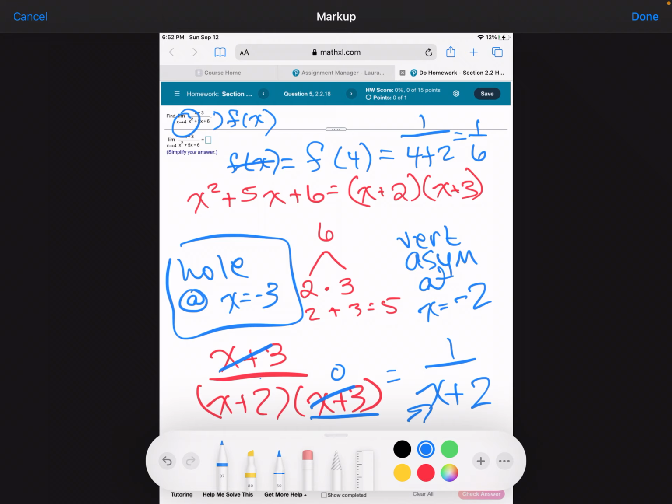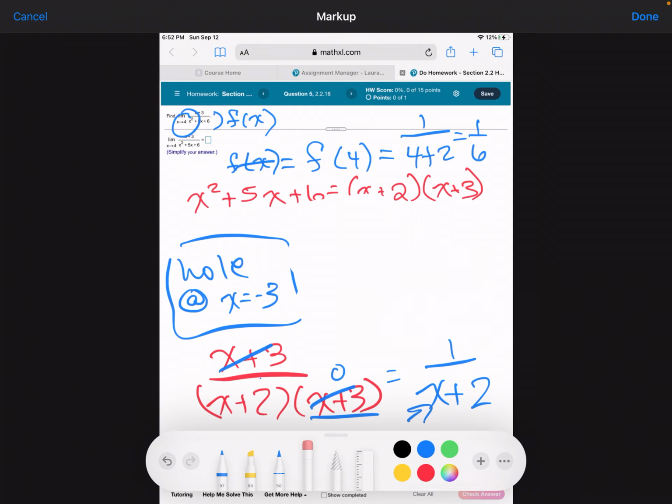If it was the hole, then that means the graph there literally just has a hole in it. So I don't know exactly what this thing looks like, but it does something. It has a hole, and then it keeps going. So this is -3, but notice it still has a limit. The limit is what you get if you plug a -3 into the reduced form of it.